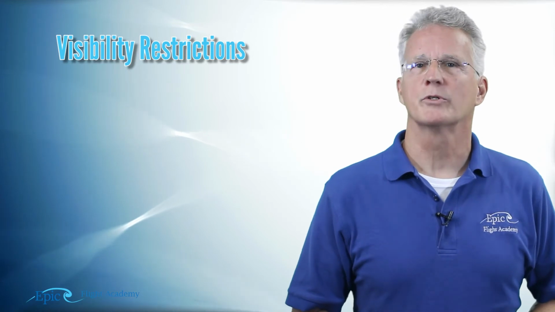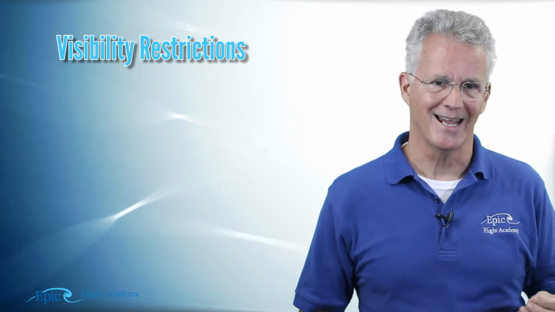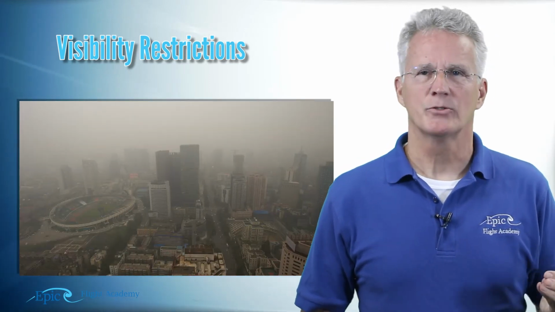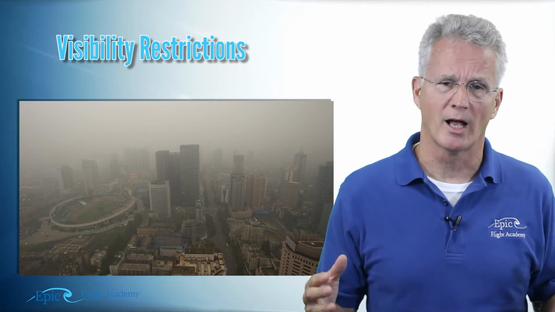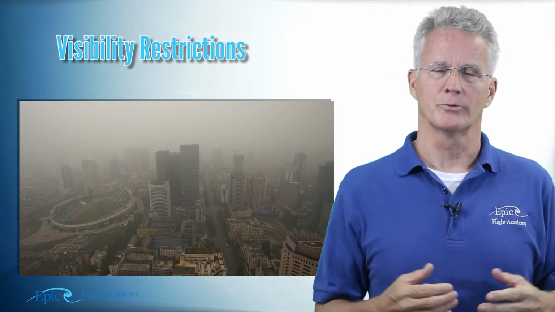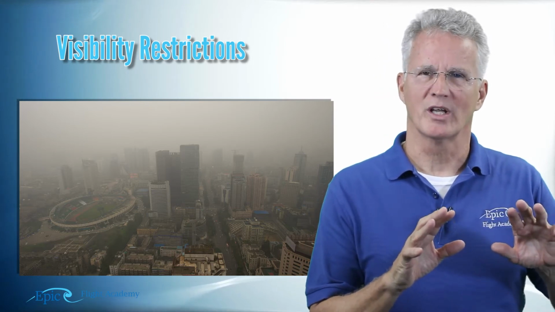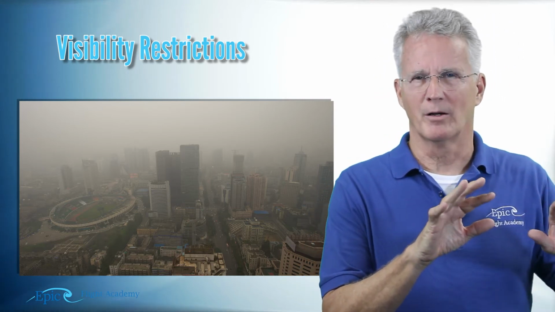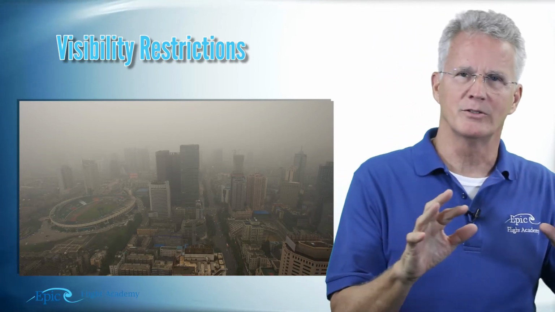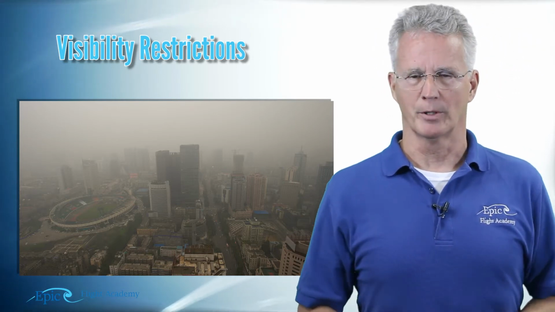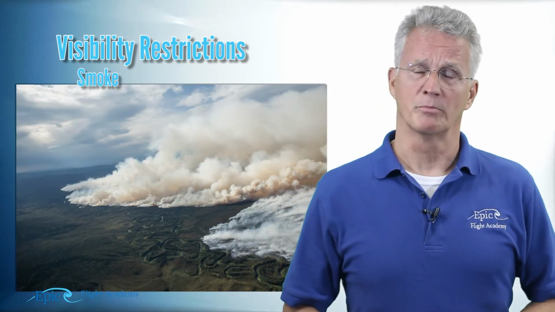One of the things that restricts our visibility is haze. Haze is when the atmosphere picks up some dry, fine particles. And it really is exactly what it says. It sort of rounds off all the edges of our vision and everything appears hazy. Smoke is a restriction to visibility.